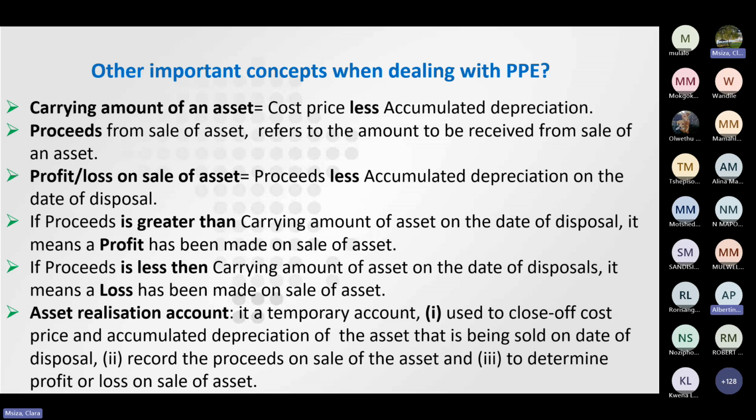When you use the diminishing balance method, you need to say cost price less accumulated depreciation from year 1 before you calculate for year 2. Hence, the difference starts showing in year 2. So now we're just trying to say what is the carrying amount at the end of year 2, and if we sell this at the beginning of year 3, will we make a profit if we sell this asset for 80,000? So this is where we are. Okay, thank you. You're welcome.